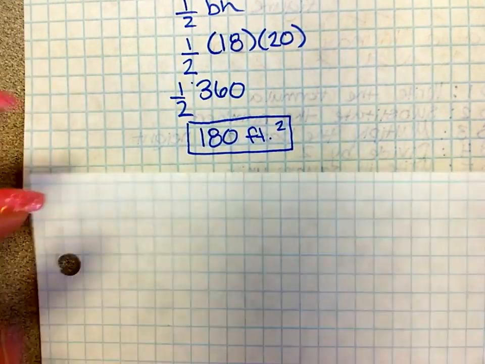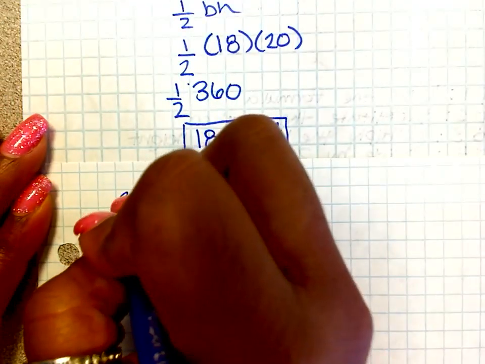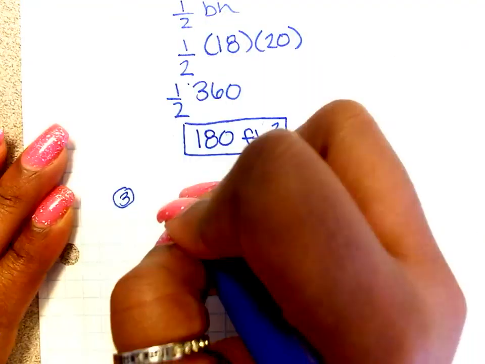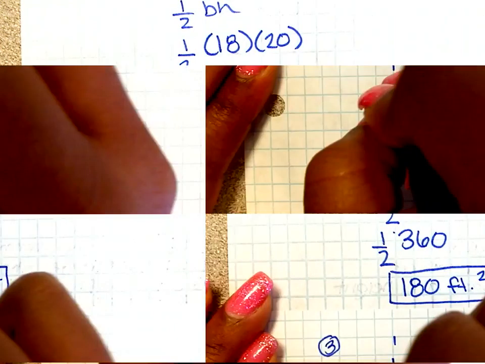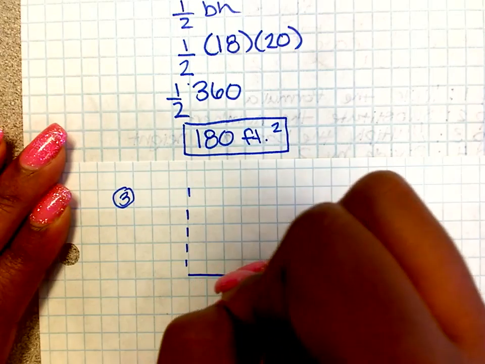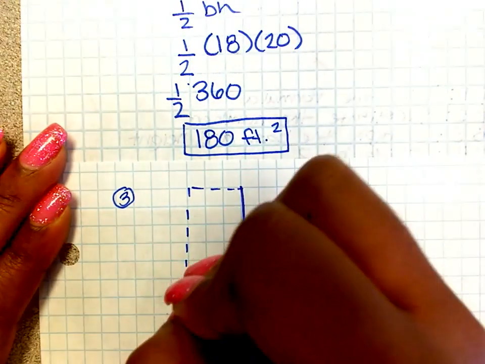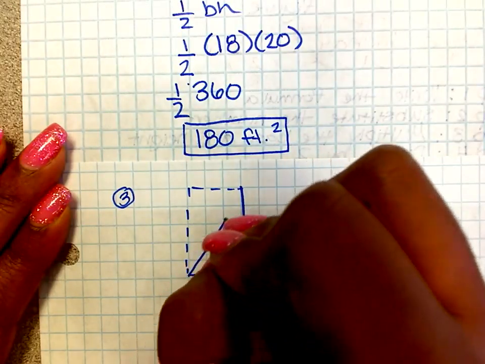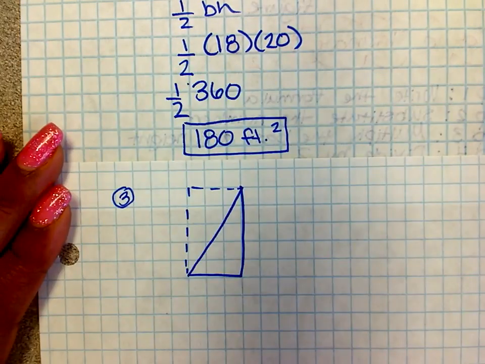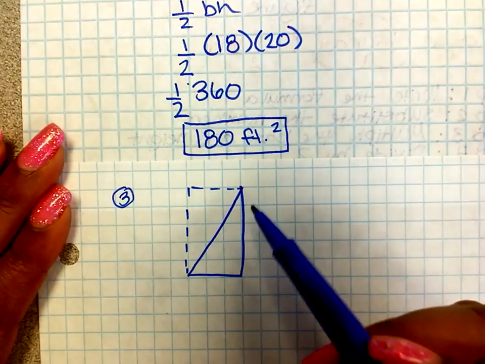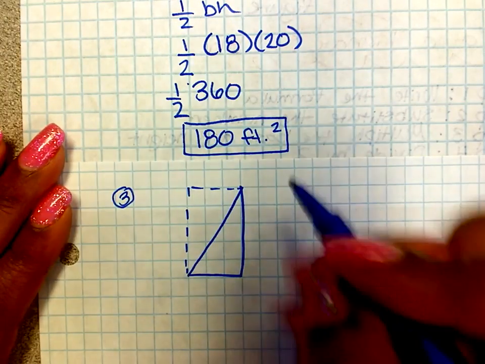Okay, this next one's a little easier to draw. So draw a rectangle. I'm dotted on the top and the side.